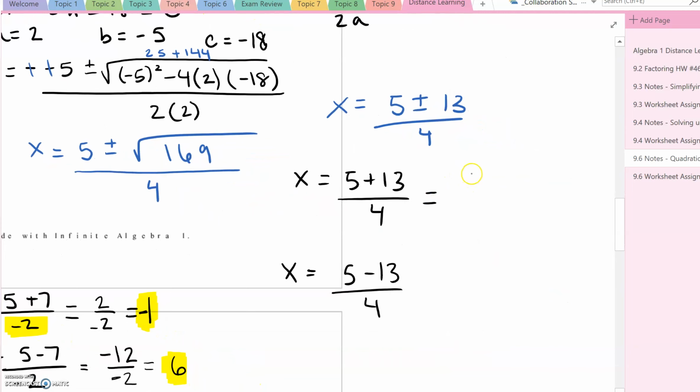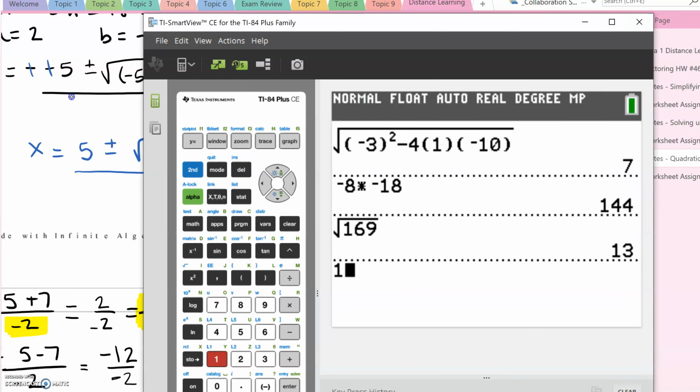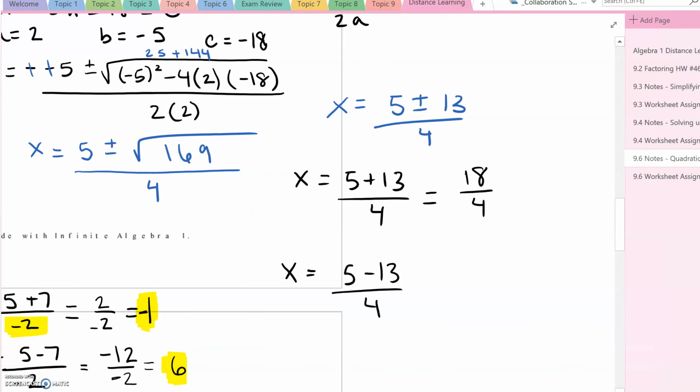5 plus 13 is 18 over 4. 18 does not divide by 4 evenly. 18 divided by 4 is 4.5. So we might just want to simplify our fraction. You could write 4.5 if you want, but I'm going to ask that you keep it in fractions or radical form instead of giving me decimals.